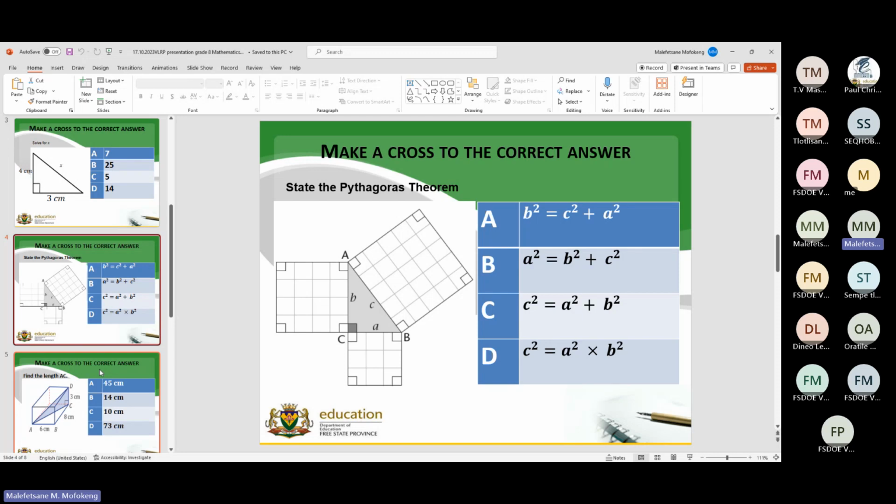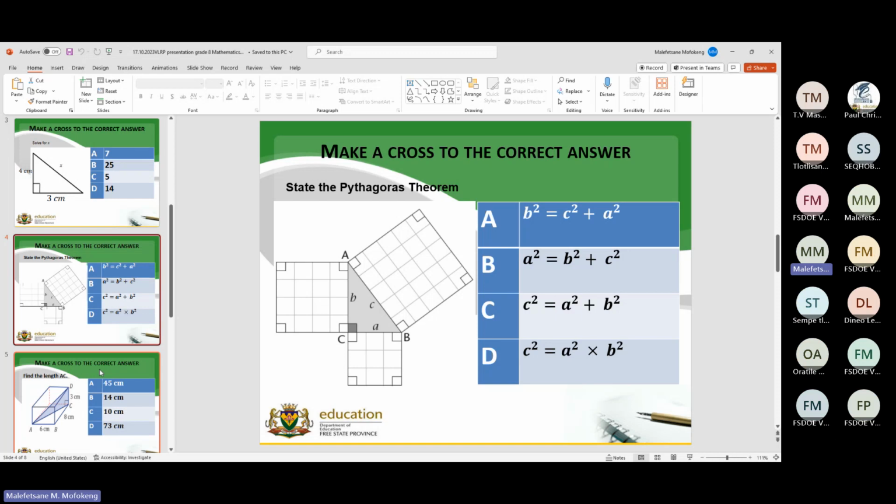The squares of those two sides, adjacent to each other, give us the hypotenuse, which is C squared. So the correct answer is C. When we explain number D, we are not multiplying when stating the Pythagoras theorem. We only add the squares of the two sides, which gives us the square of the third side.